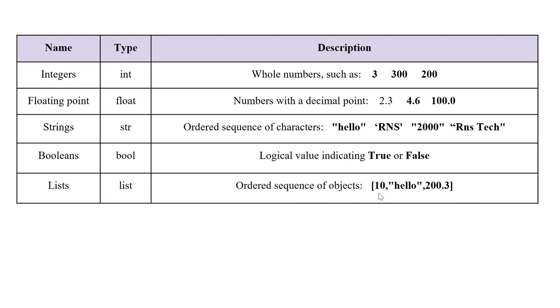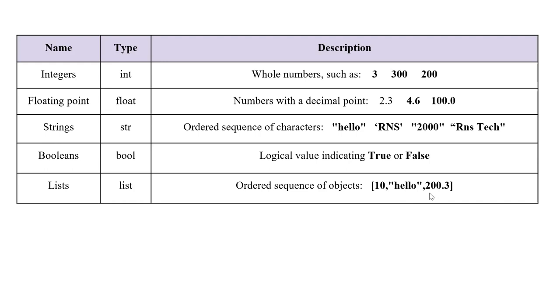As simple as it is, this is the first argument, this is the second argument, this is the third argument. This is a sequence of arguments. In a function we talk about passing arguments, but in a list we say this is the first element, or we can say object, the second object, the third object. Here you see this is an integer, this is a string, and this is a float.